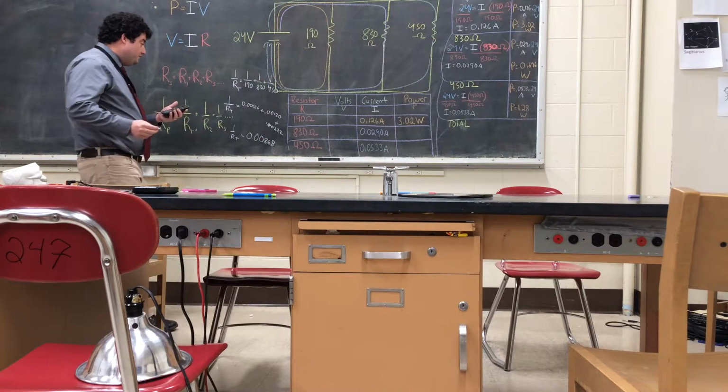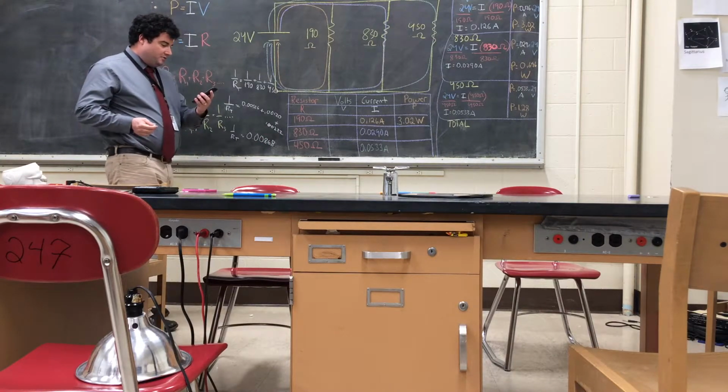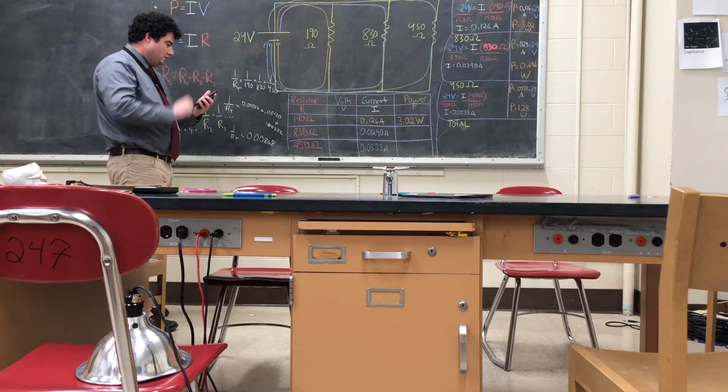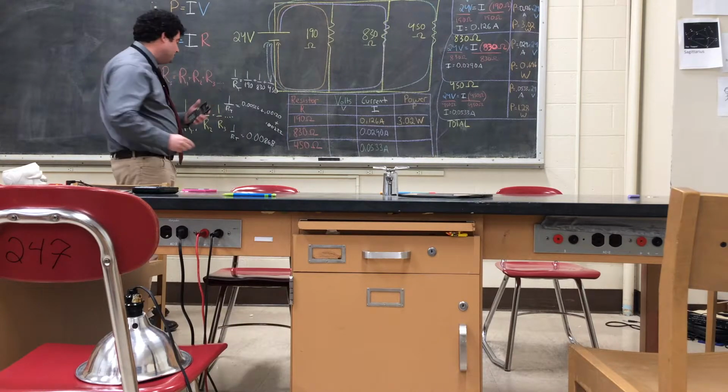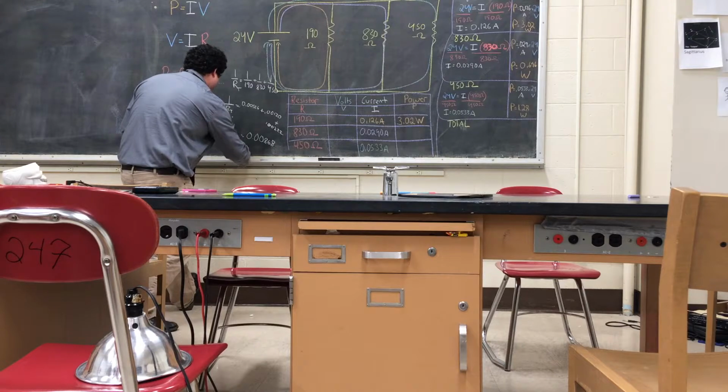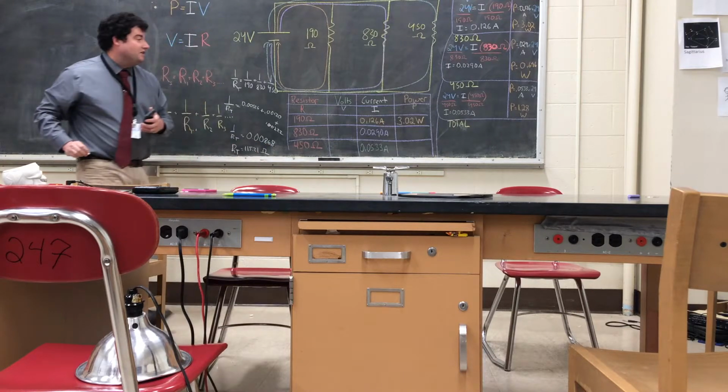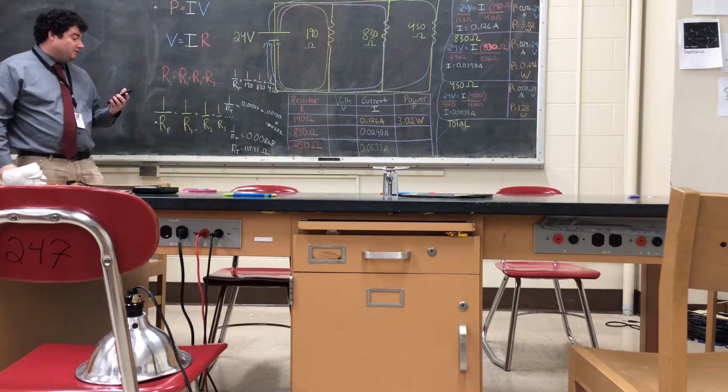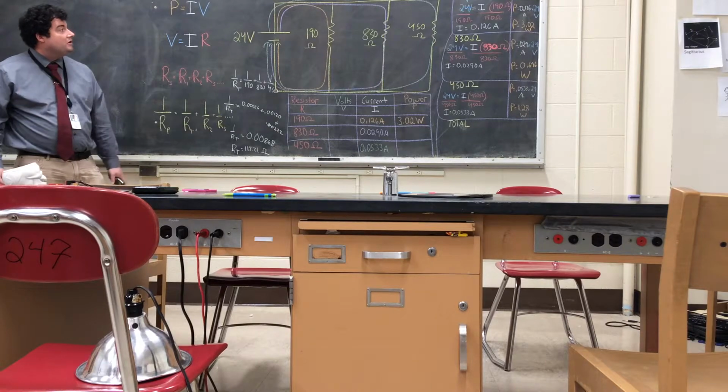So now we just invert it. There's an inverse key on most scientific calculators, and that is 115.21. So that's our total resistance, 115.21 ohms.